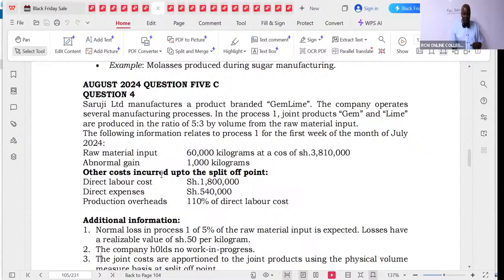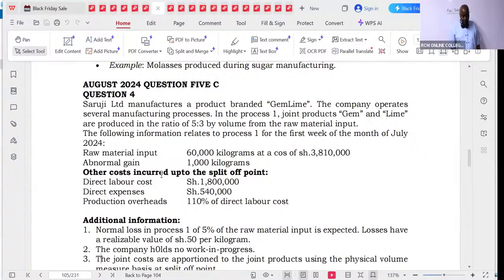In process 1, joint products, Gem and lime, are produced in the ratio of 5:3 by volume from the raw material input. The following information relates to process 1 for the first week of July 2024. Raw materials input 60,000 kilograms, abnormal gain 1,000.